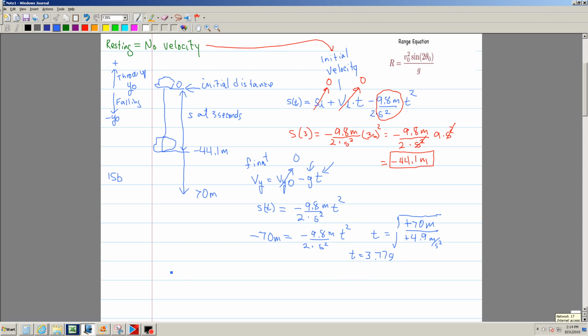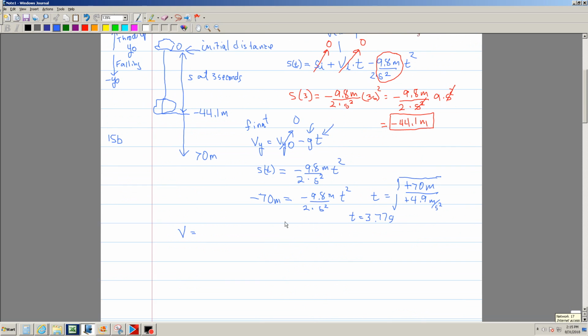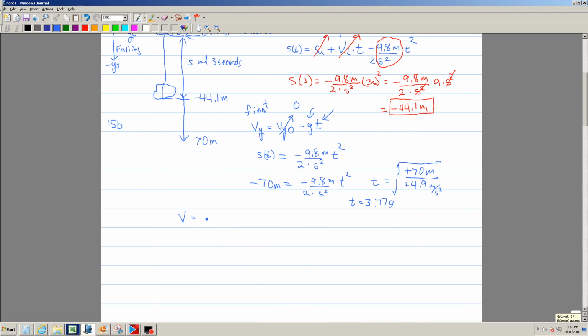So now we can plug that into the velocity. The velocity is, I believe, negative. Did they define it as a negative velocity? Yeah, they did, because it's going downward.